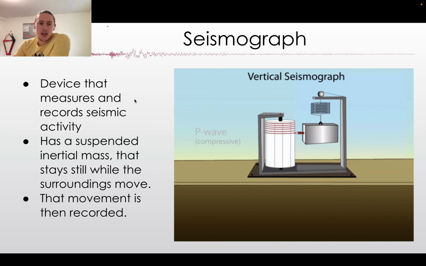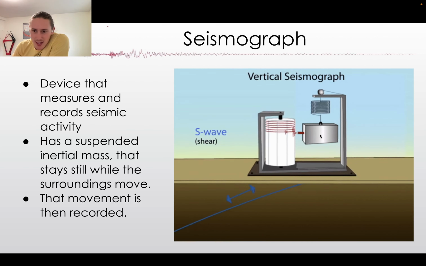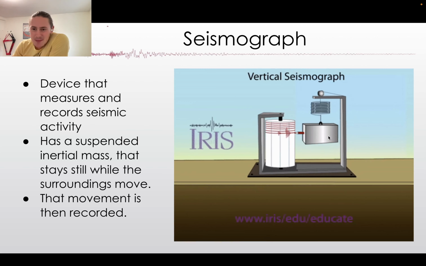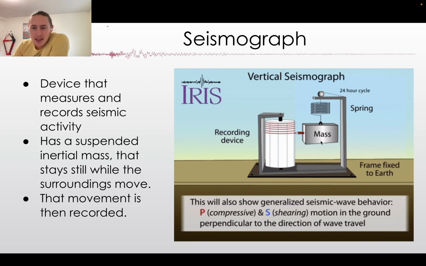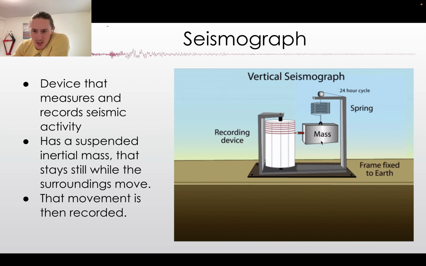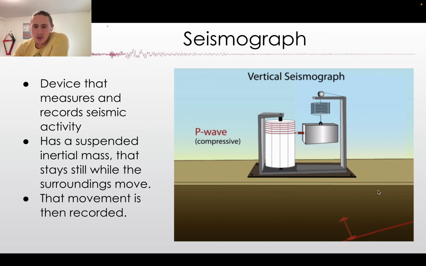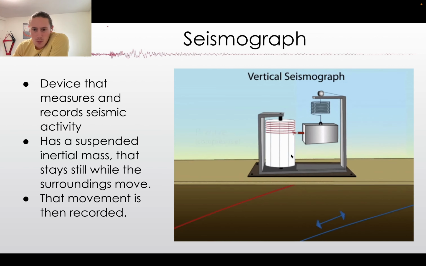All right. Here's a bigger picture of what this is. I want everyone to look at this as you're watching the video and see the suspended mass that stays in the same place while the Earth moves around it, right? Watch this closely. See how this is like an earthquake. There's a P wave and an S wave we'll talk about. So boom.